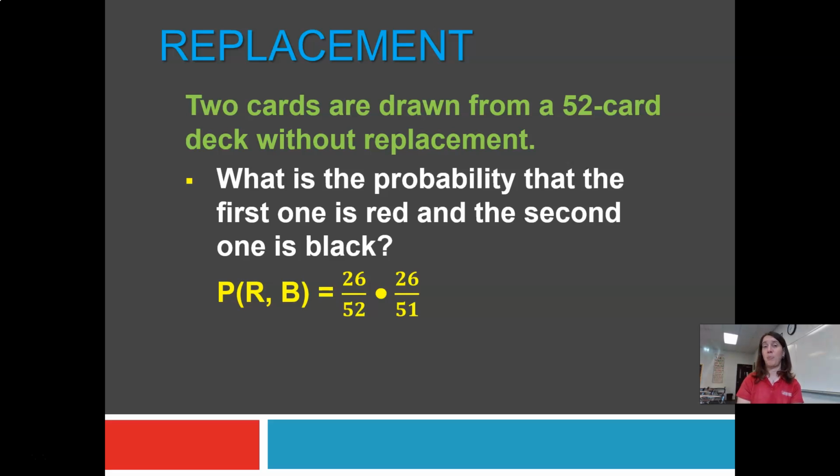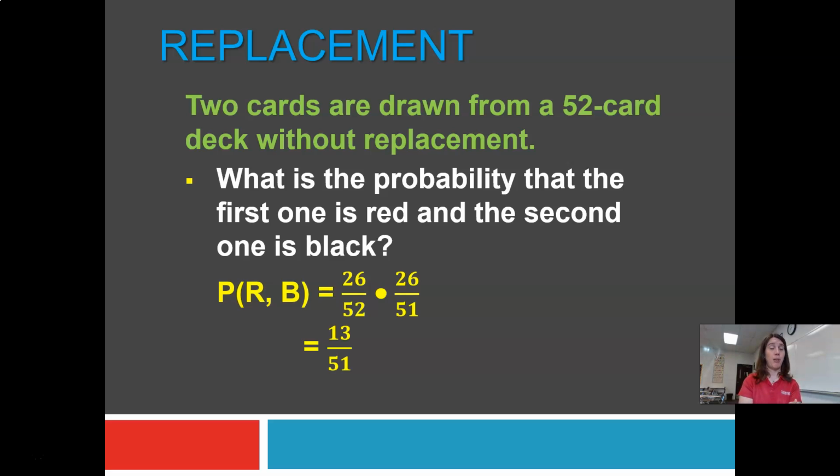Did I take out a black card yet? We did not. So therefore, the numerator is still 26. All 26 black cards are still in there, but there's 1 less total card, so my denominator reduced down to 51. We can reduce here like we've done in every other question, and when we multiply, we would come up with 13 over 51 for our final solution in the question.